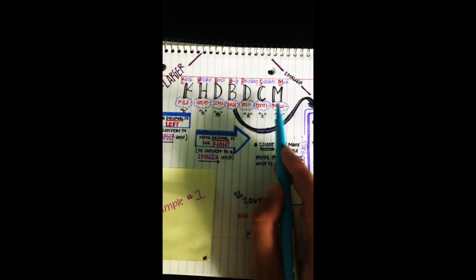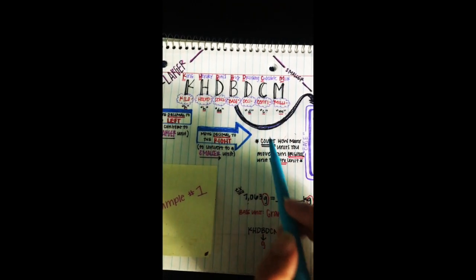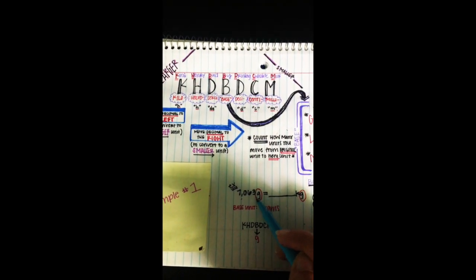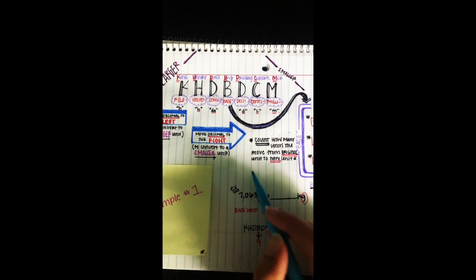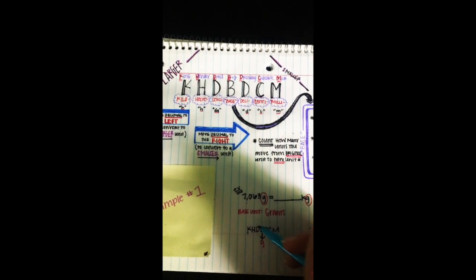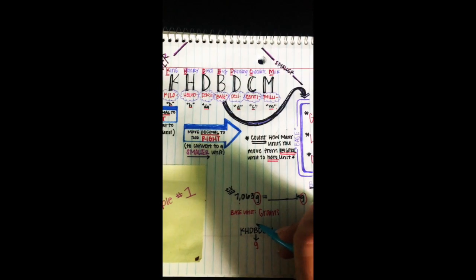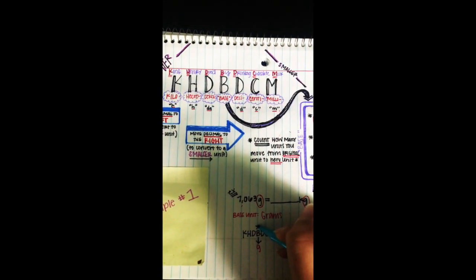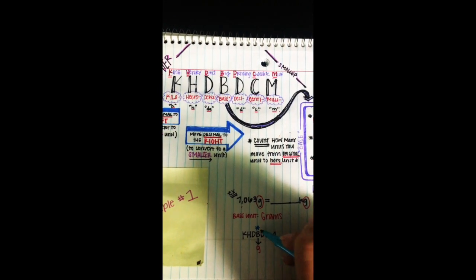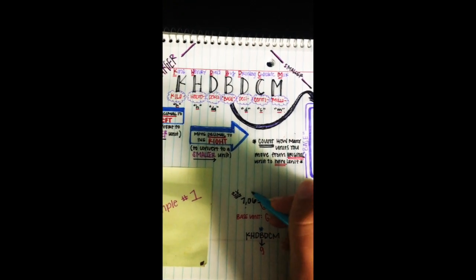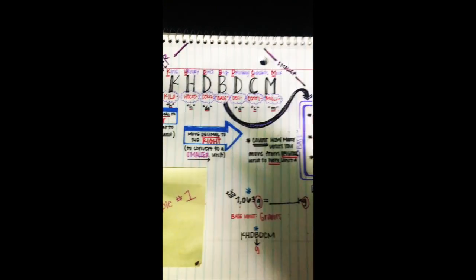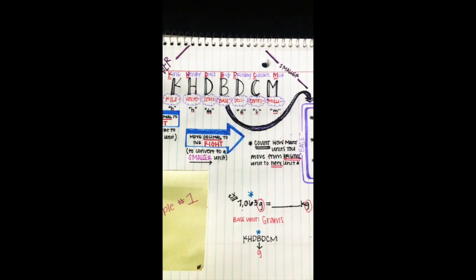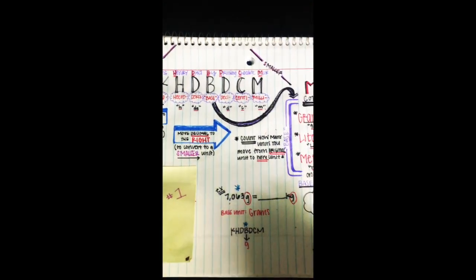There's no centi, no. So since there's no prefix and it's our base unit, we start right here at our base. So I'm just gonna put a blue star there for our start unit. And if it helps you, you can use little symbols to identify your start unit and your end unit, so that it is easy for you to convert this, okay?